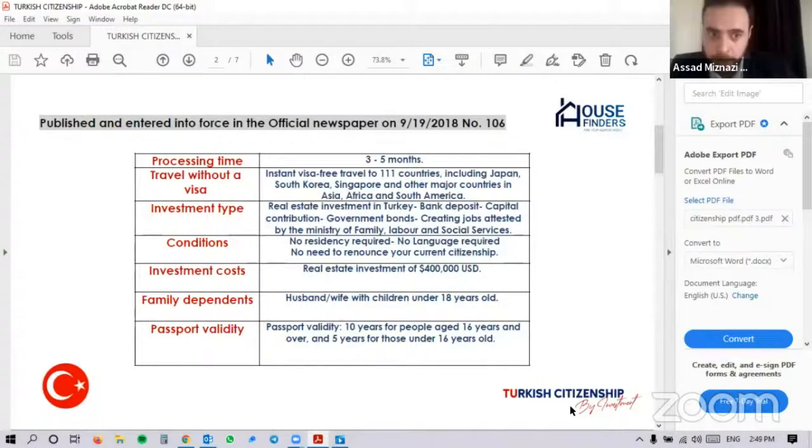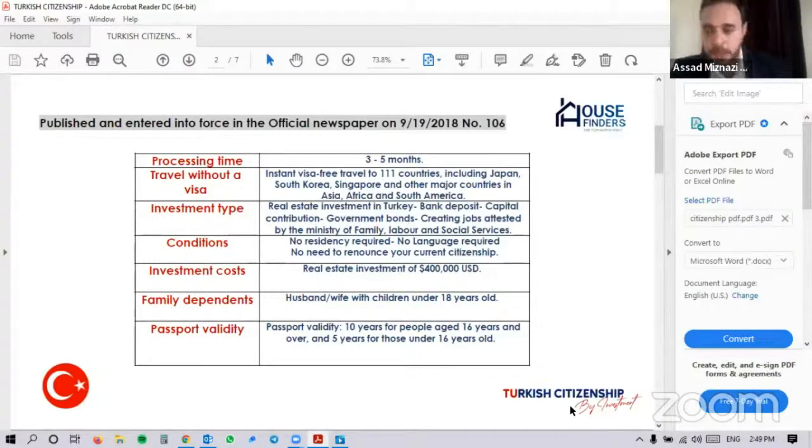And we follow up the whole process from A to Z, from buying the property until getting your passports and ID. The program started at $1 million to buy one or more properties, and then it was changed to $250,000.